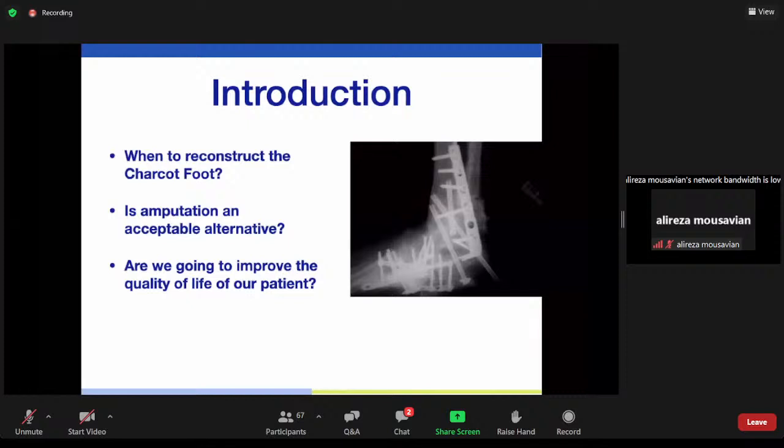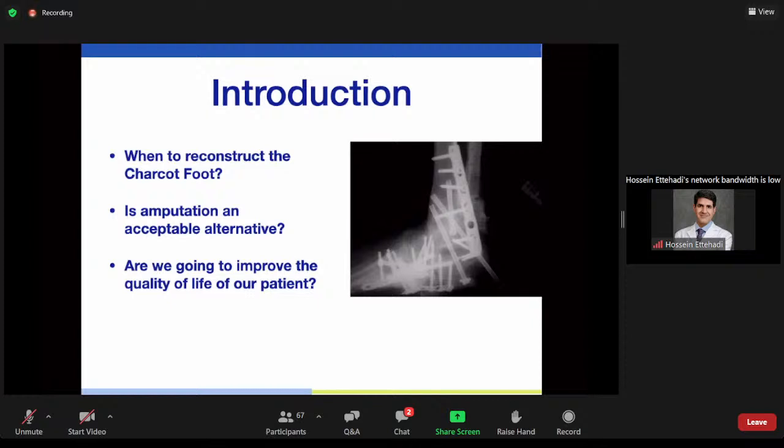Well, the first question I like to ask when I do this talk is, when we have to reconstruct a charcot foot, is it a viable option for all patients? Is amputation an acceptable alternative? And are we going to improve the quality of life of our patient? These are important questions to ask before we start the management of this type of patient that can be very difficult.